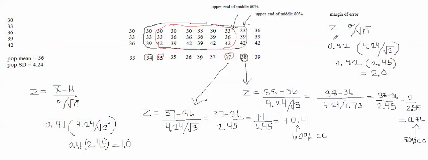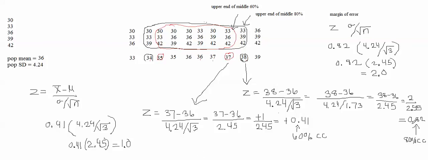So this was the margin of error formula. You take the 80% coefficient and plug it into the margin of error formula, you get the 80% margin of error, which is 2. You take the 60% coefficient right here and plug it into the margin of error formula. You plug it into z, you get the 60% margin of error.